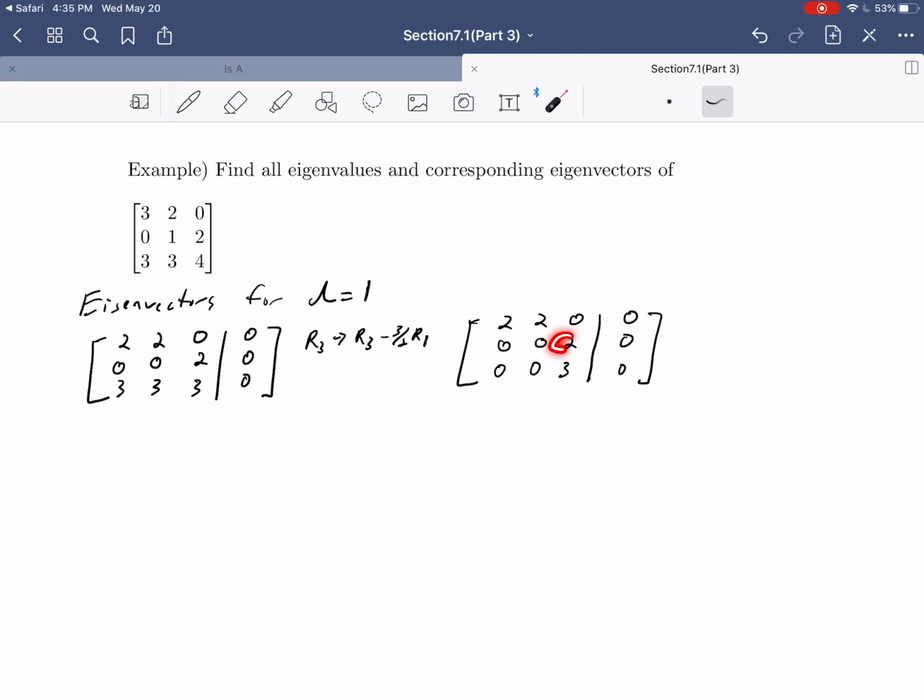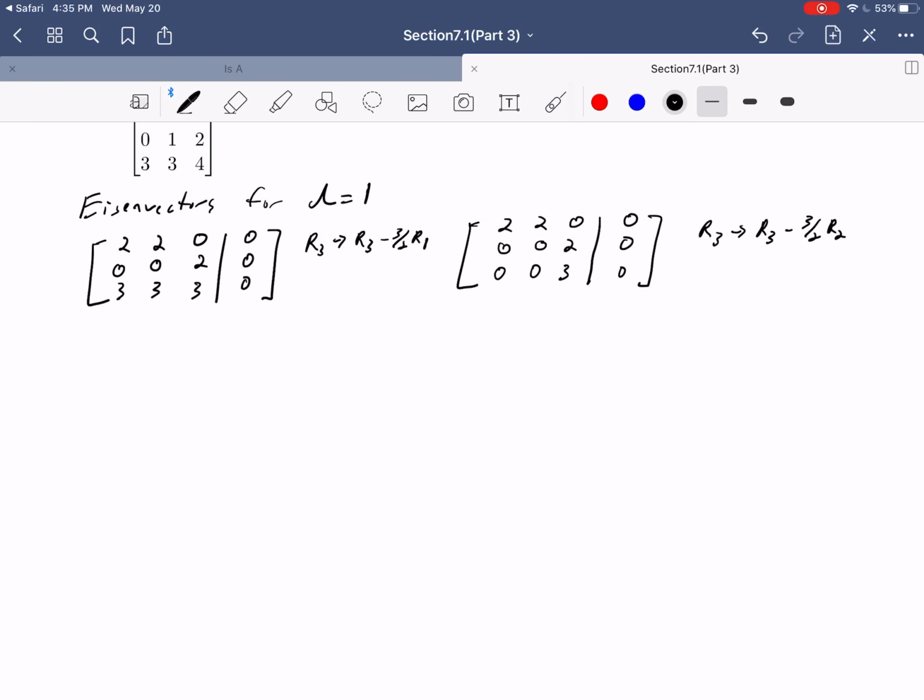Then we can use this one to clear that up. So we can take R3 and replace it with R3 minus 3 halves R2. When we do that, we should get 2, 2, 0, 0, and 0, 0, 2, 0, and 0, 0, 0. And then we can have 0 there.